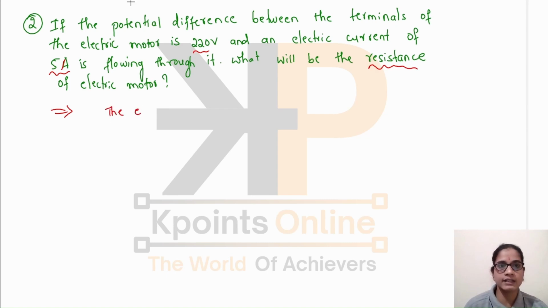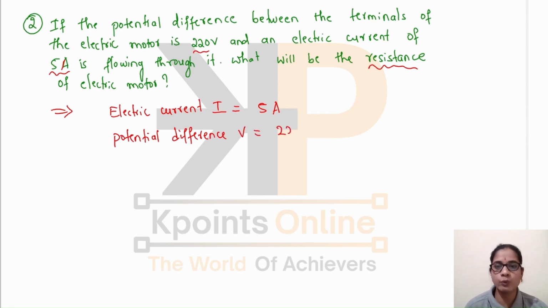The electric current I is equal to 5 ampere. Potential difference V is equal to 220 volt. What we have to find out? The resistance of the electric motor.